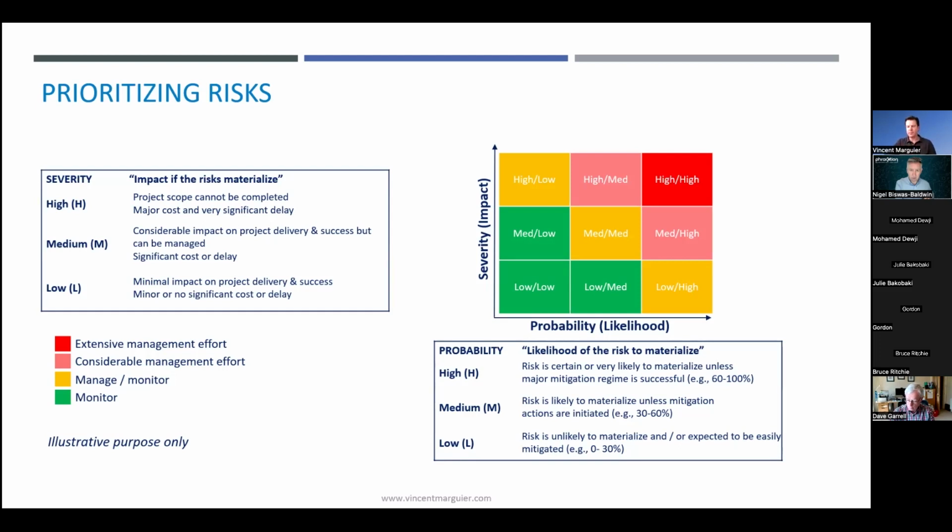Risk can be assessed in different ways according to the governance in place. 3x3 or 5x5 matrices are common ways of doing so. The definition of high, medium, low may also depend on the governance, but it is usually quite like the example displayed on screen.